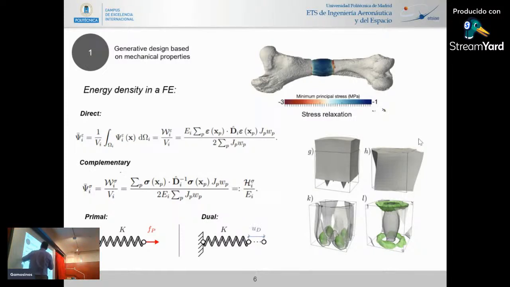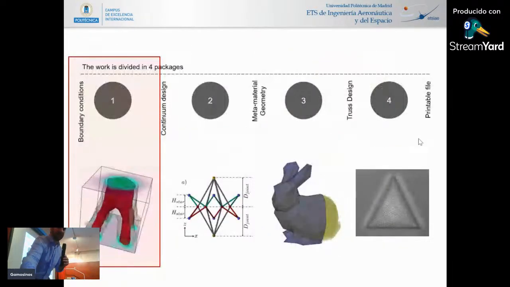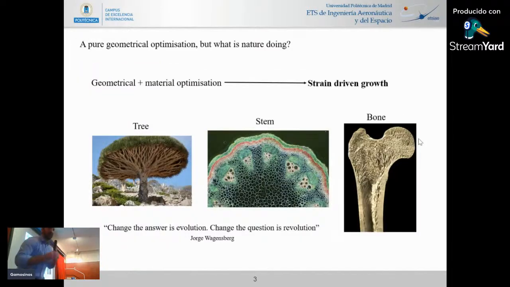This is basically done by having the energy, and the energy is our objective function. We are going to optimize this energy, and we are going to do this just by changing the mechanical properties. So instead of inserting penalization, we are going to tune the mechanical properties to have the different behaviors. If you see here, in the pictures that you have here, this part is less stiff, and this part is stiffer.